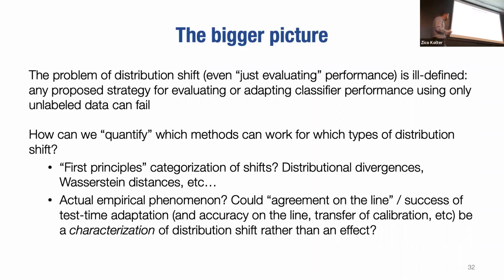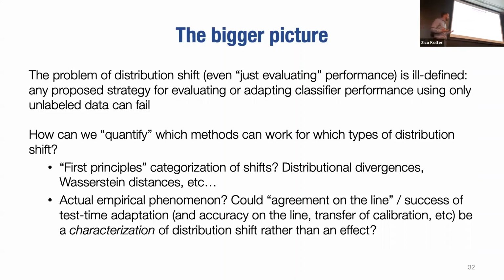And I think instead, we can start to think about shifts in terms of the empirical phenomena that they lead to. We, but also others, have discovered all these very interesting facts about practical domain shifts that we see in real data, or semi-real data in these cases.